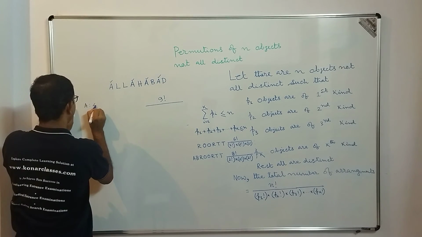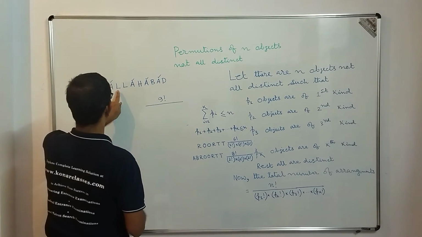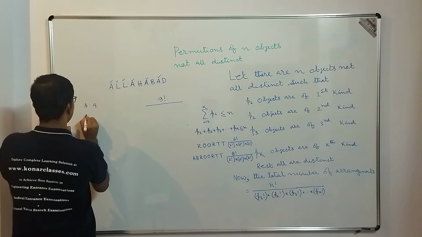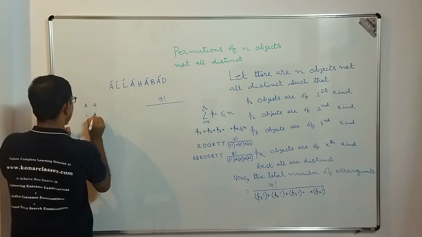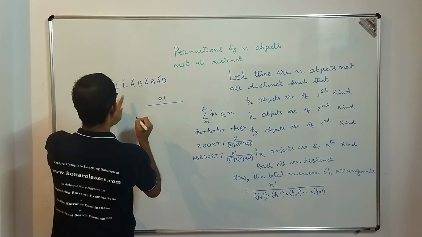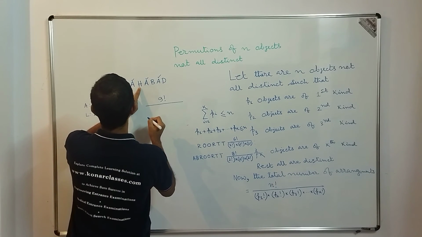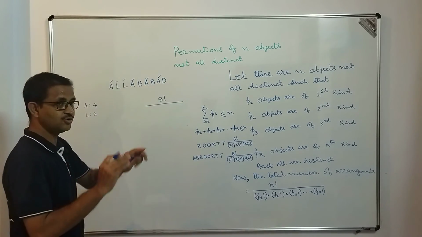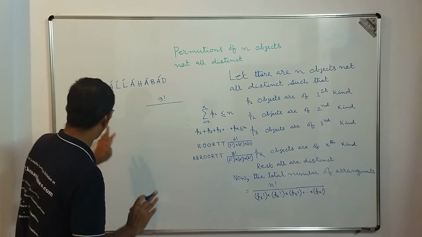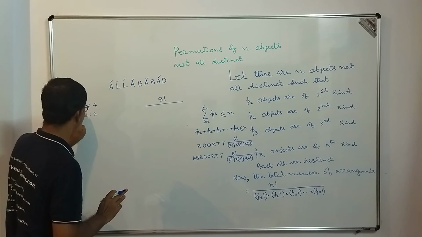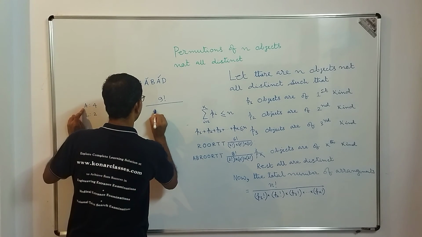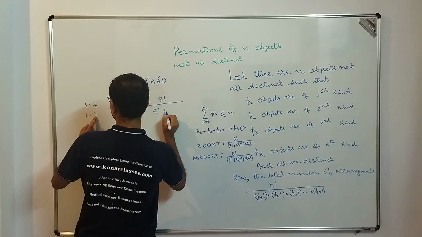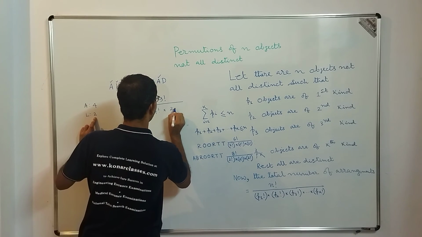So A appeared 4 times. L appeared 2 times. H appeared 1 time, B appeared 1 time, D appeared 1 time, so we should not consider them. Only A appeared 4 times, so 4 factorial, into L appeared 2 times, so 2 factorial.